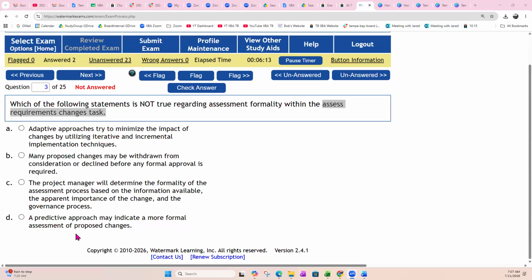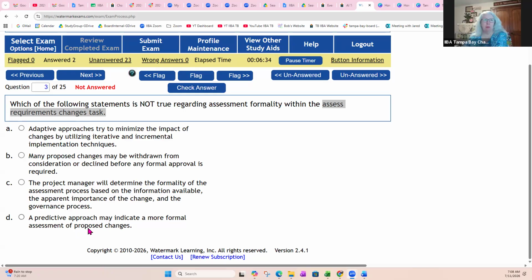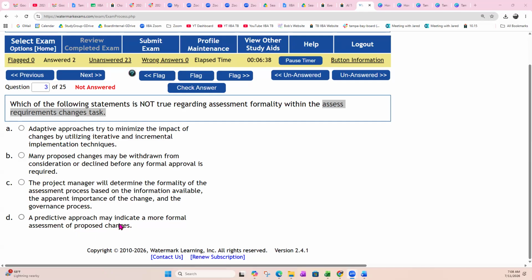May indicate a more formal assessment. Not necessarily, right? The predictive approach may indicate, I mean, it can go either way. Remember, predictive approach indicates waterfall. Waterfall, yeah.